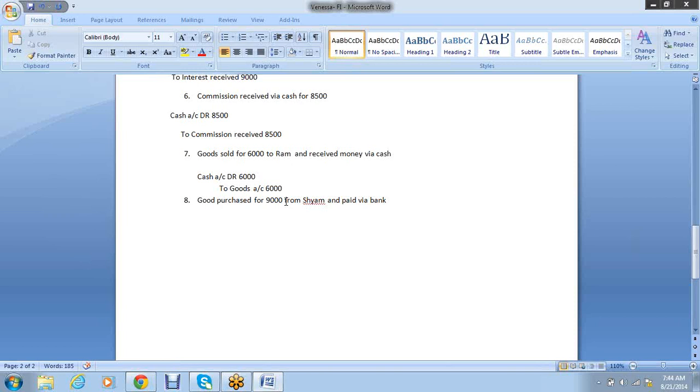Bank account is credit, and goods account is debit. Always first we have to say the debit entry. Goods account is debit, and bank account is credit. Why? The goods are coming in, so it is a debit, and credit because the cash is going out via bank. Absolutely correct.